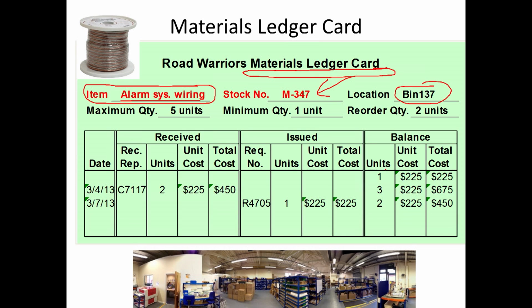At one point, they only had 1 unit. Then they purchased and received 2 more units, so now they have 3 units. Now, they've just issued out this unit that was requested for job B15. So now they have 2 units. They have to do this for every item that is in their raw materials down here.